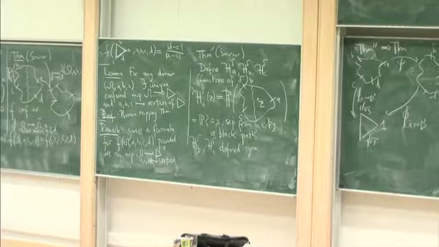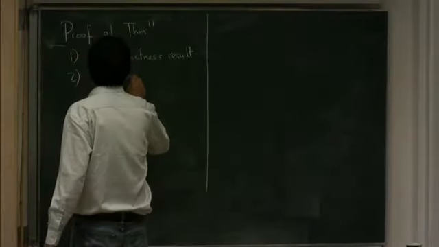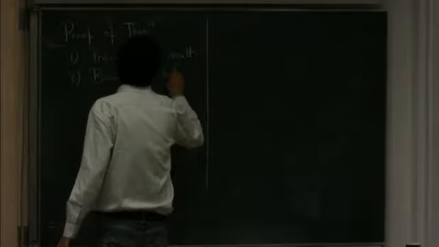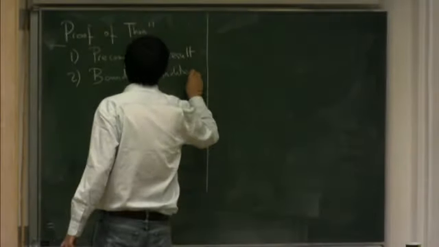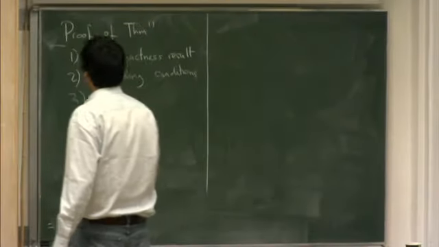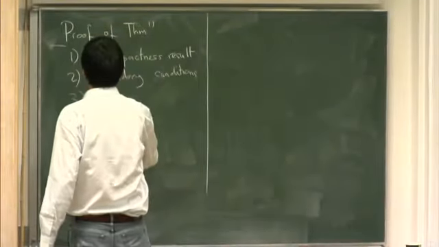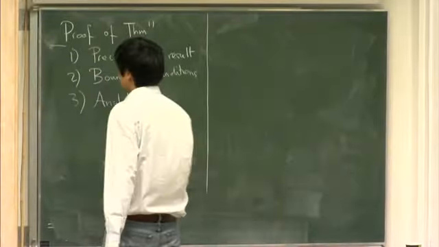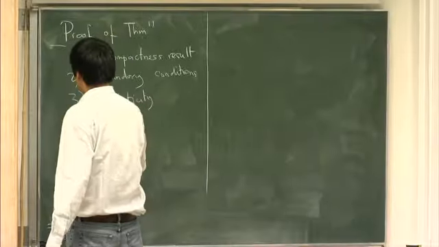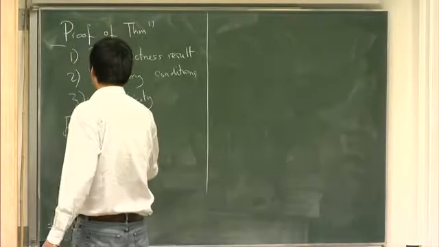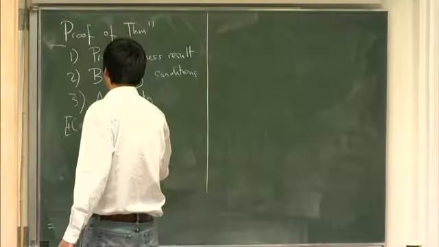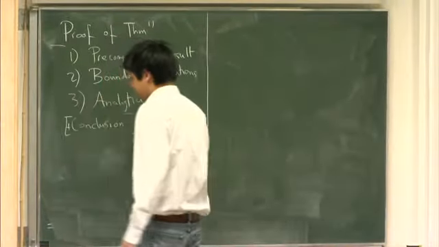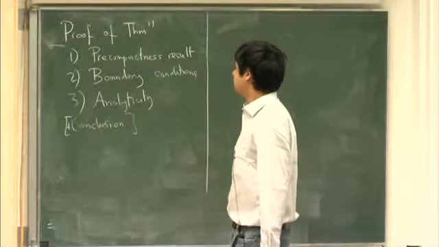Then we need to identify boundary conditions. Then we will need to prove analyticity. And then we need to make a conclusion from the things we'll have proven. So what does it mean?